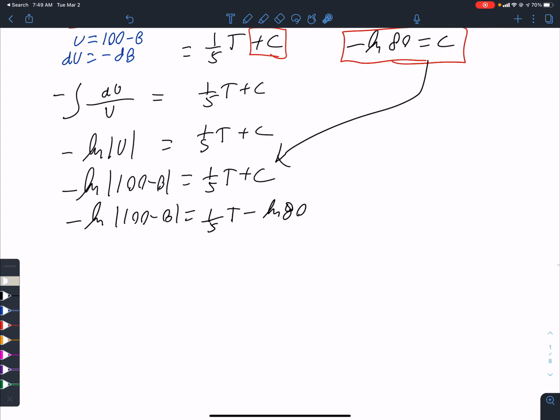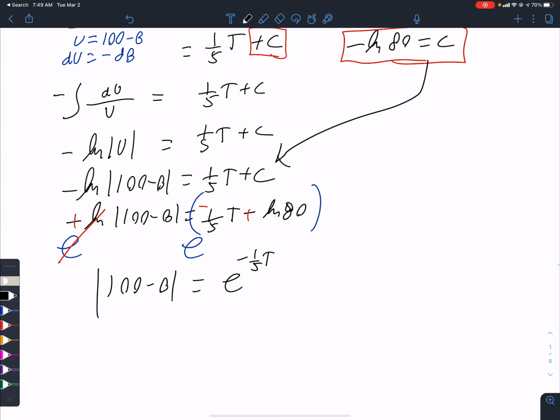So to solve for B, I got to get rid of that, I got to get rid of that. So first that negative sign, I'm going to multiply both sides by negative. I'm going to get a positive, negative, positive. Then to get rid of ln, I e both sides. E and ln are inverse functions, leaves me with 100 minus b. And I get e to the negative 1/5t plus ln 80.